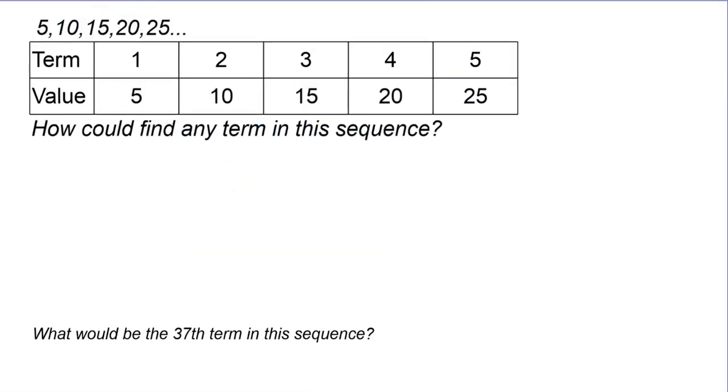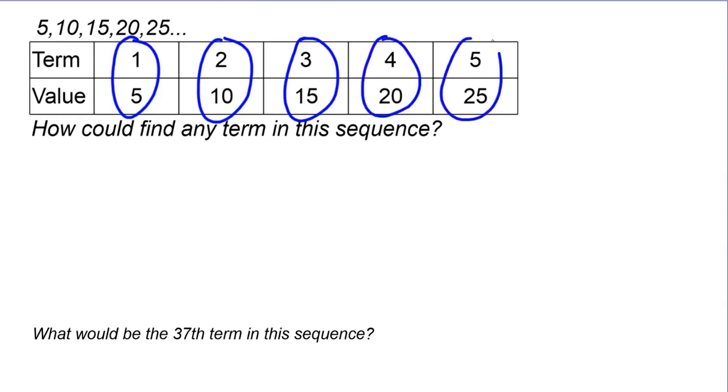Let's take a look at another one. 5, 10, 15, 20, 25, so on and so forth. Here's another sequence. The first term is 5, the second term is 10, the third term is 15, the fourth term is 20, and the fifth term is 25. How could we find any term in this sequence? Well, these are increasing by 5.